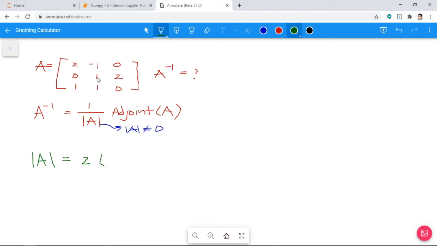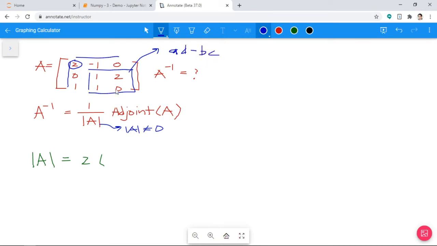So 1 times, remember, if you're choosing this one, you set aside this first. If you're choosing 2, you look at this one. And proceed again, if you remember, the formula for the determinant of a 2 by 2 matrix is ad minus bc.